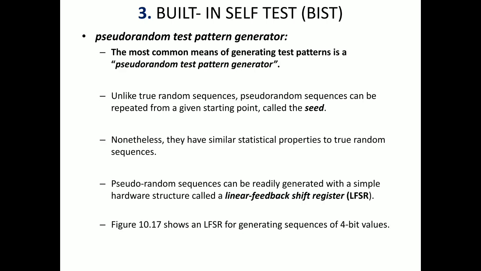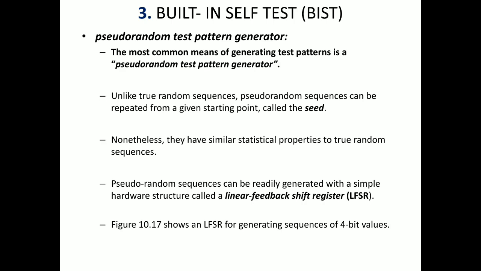Usually the pseudo random sequence generates the sequence from an initialization, and that initialization is called the seed. Unlike true random sequences, pseudo random sequences can be repeated from a given starting point called the seed.